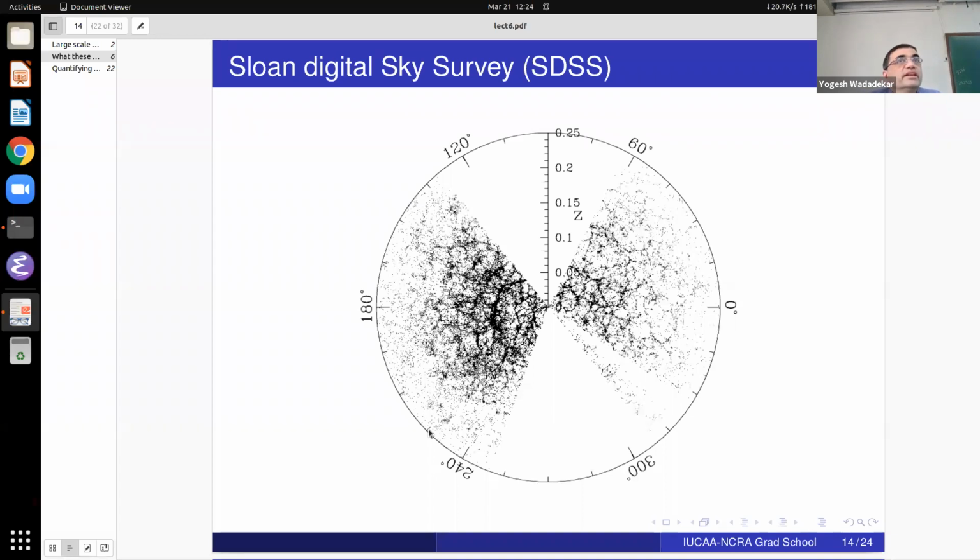So as an alternative, they said that we'll do one more thing. We'll pick quasars that are very distant, redshift 1, 2, 3, etc. And we will look for quasar absorption line systems along the line of sight to thousands of quasars. Suppose there is a very faint galaxy whose emission you are not able to see directly, or even if you are able to see directly, it's too faint to get a spectrum.